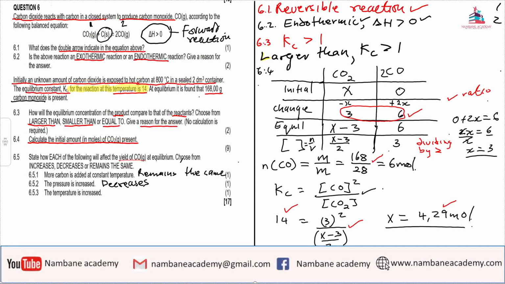The endothermic reaction is the forward reaction, so more CO will be formed. That means the answer there must be increases. For all this, it is 1 mark each, and the total is 17.